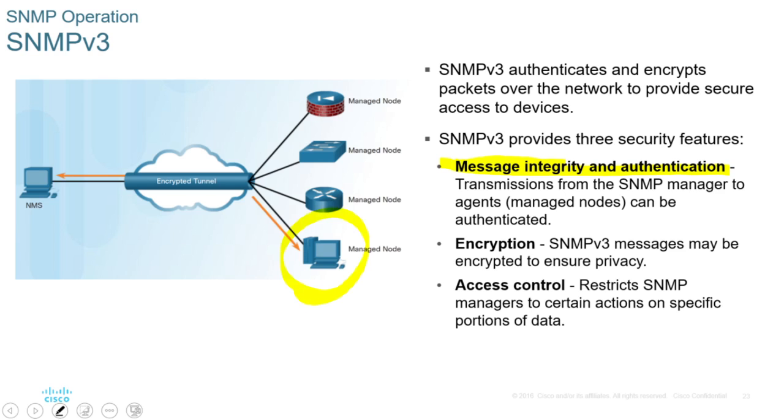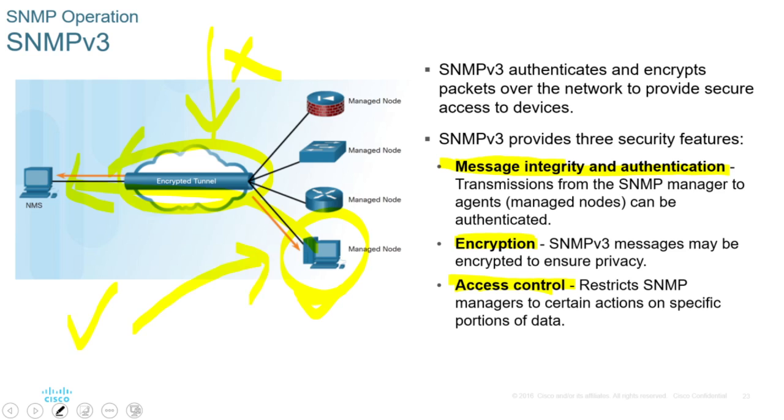Say, for example, if we receive an update, we can authenticate and make sure it is actually from that particular managed node. By using encryption in between, anyone else trying to access will not be able to access. And using access control, nobody else can access the MIB, only people who are allowed.